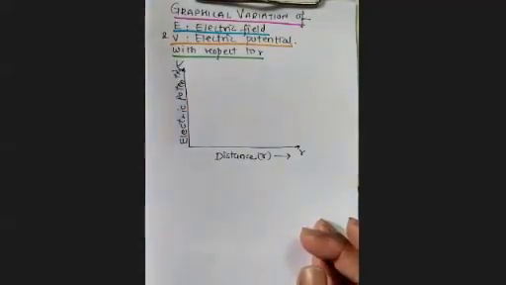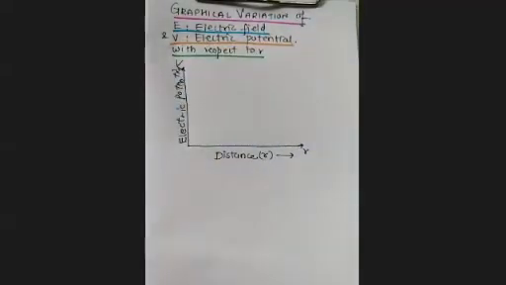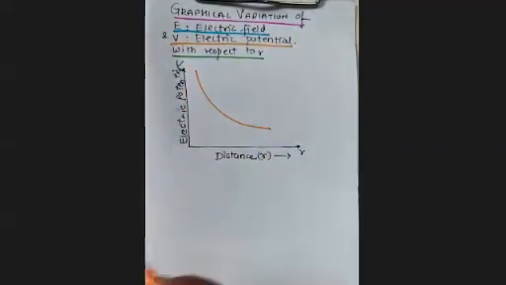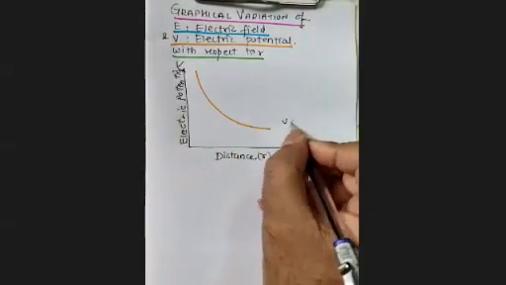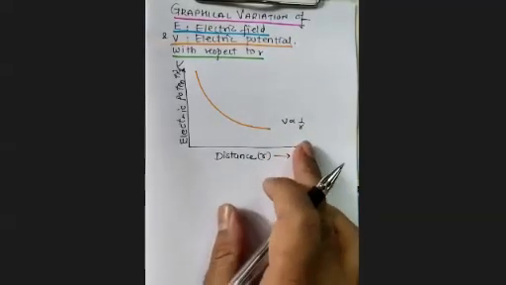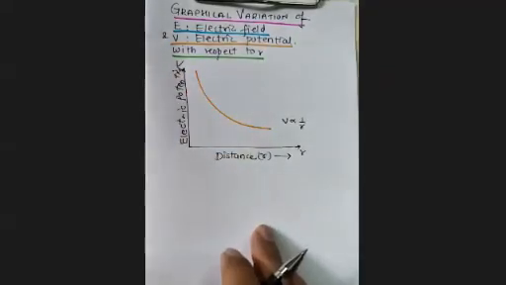So electric potential, the graph will be represented as we have a relation of electric potential inversely proportional to 1 upon R. V is proportional to 1 upon R. So the graph is like this.